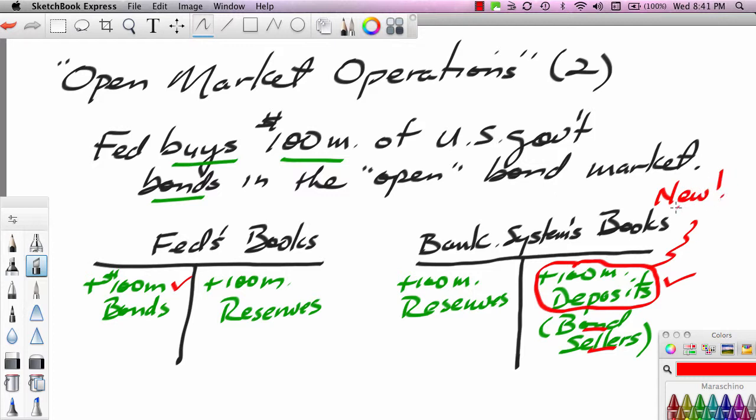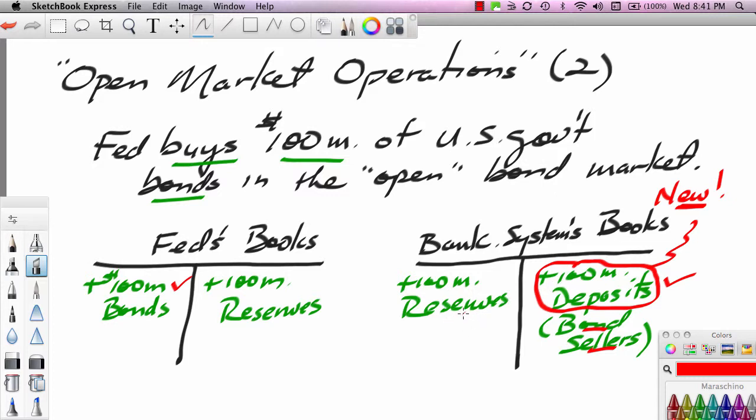This deposit is created basically out of thin air. However, the bond sellers treat it as if it's real, only because it is real. The Fed has constitutional authority given to it by Congress to create money out of thin air. Deposits are money. The Fed has created deposits here out of thin air.